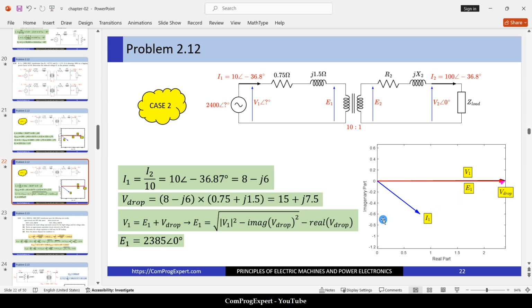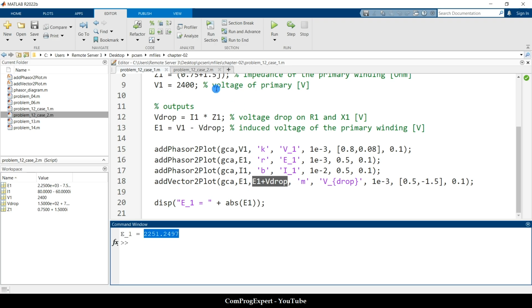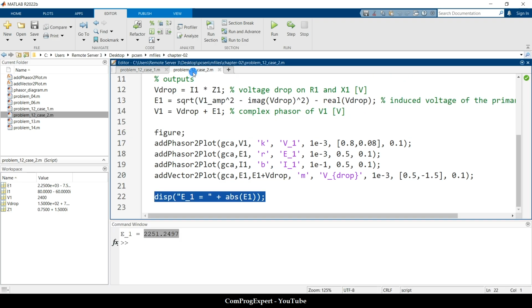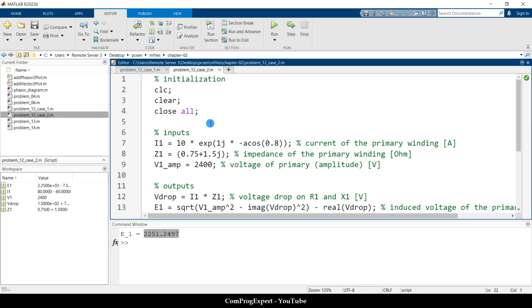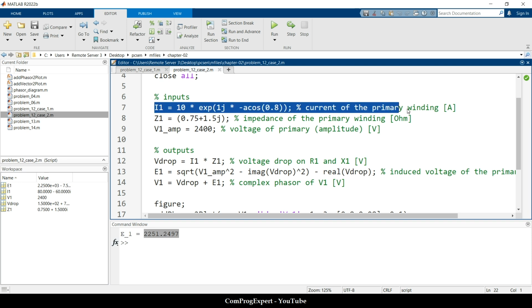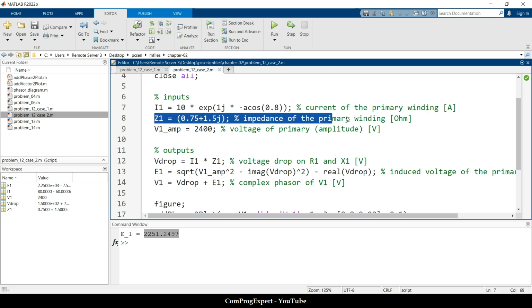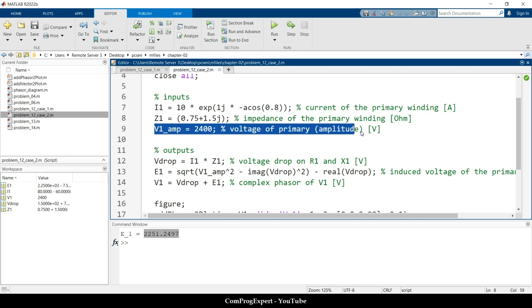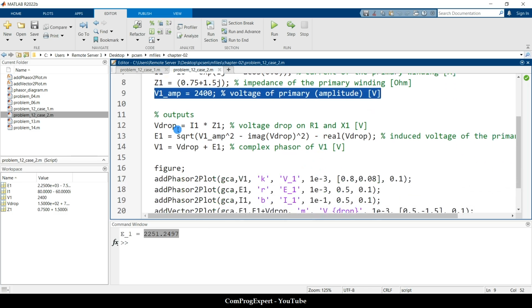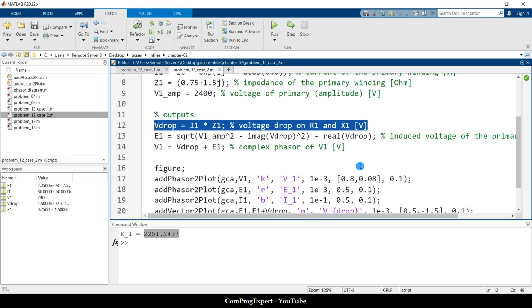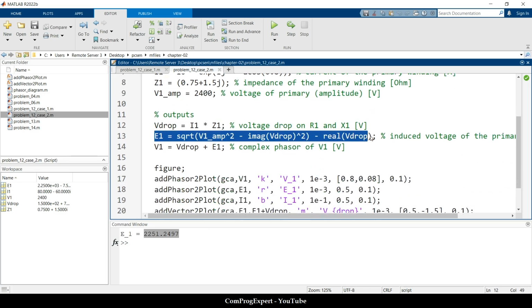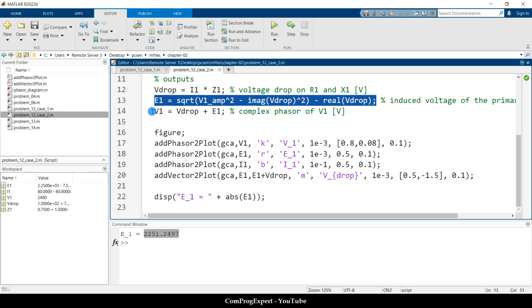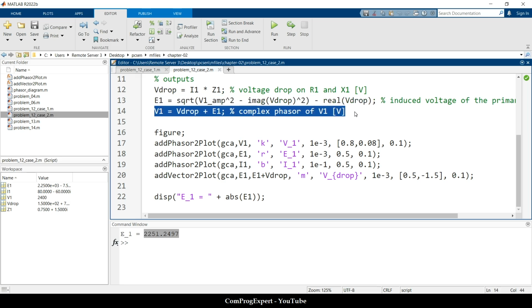Yes. Here, this is the M file for the case 2. The value of the I1 again, Z1, V1 amplitude. Yes. This is the value of the voltage drop, the amplitude of the E1, and this is the V1 phasor.